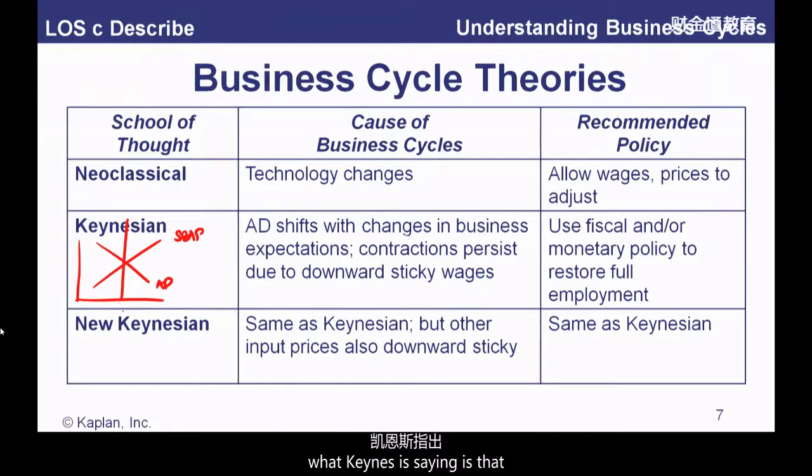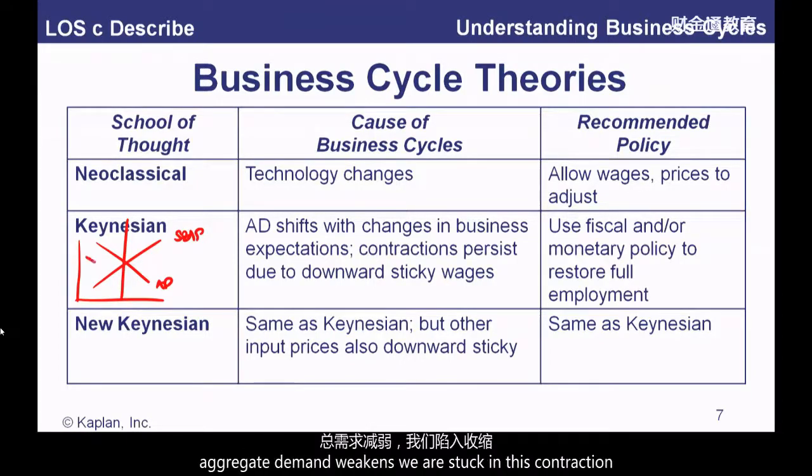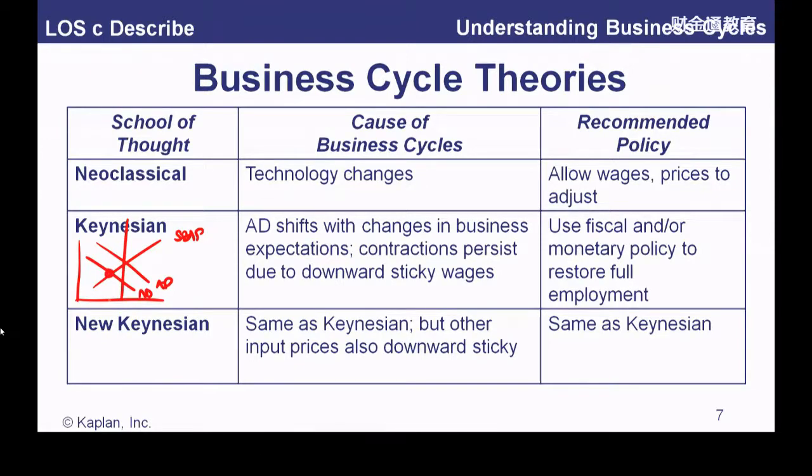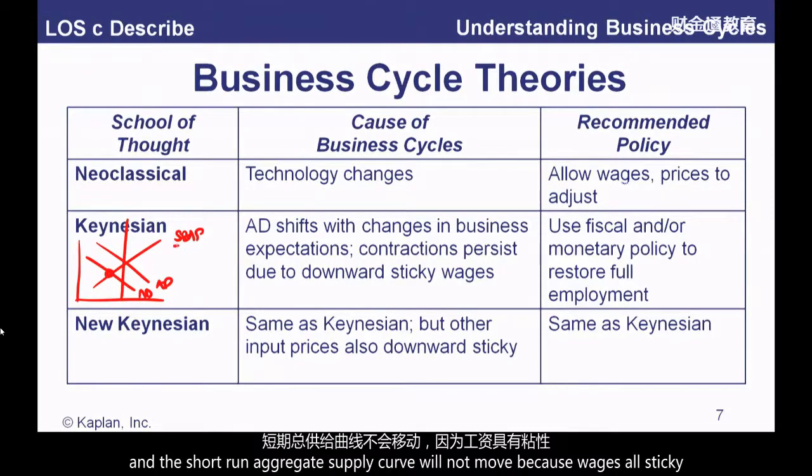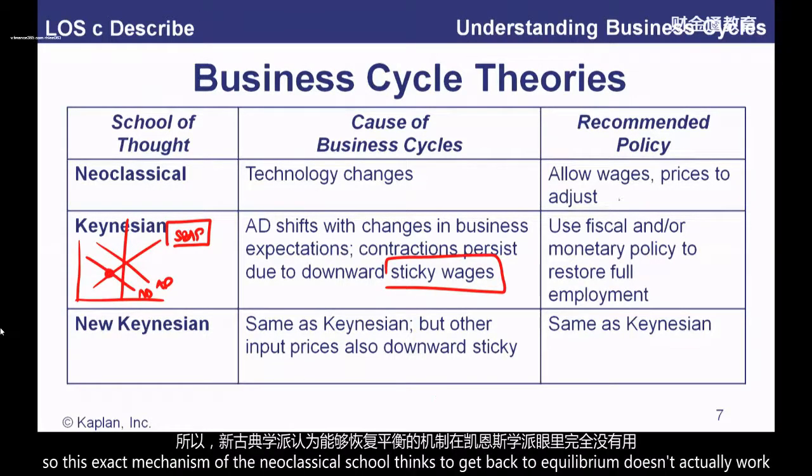What Keynes is saying is that aggregate demand weakens, we're stuck in this contraction, and the short-run aggregate supply curve will not move because wages are sticky. So this exact mechanism that the neoclassical school thinks will get us back to equilibrium doesn't actually work.